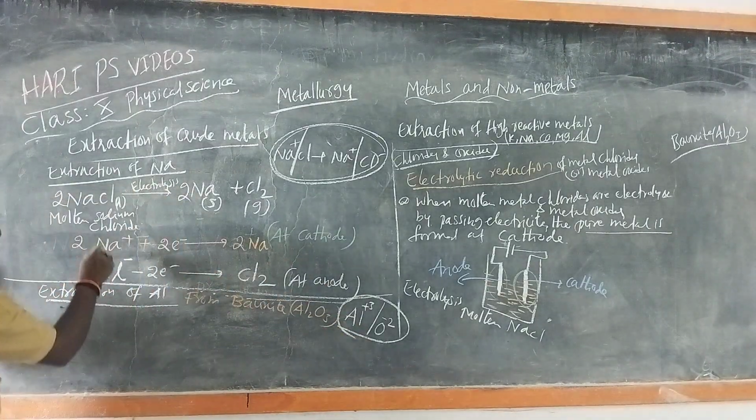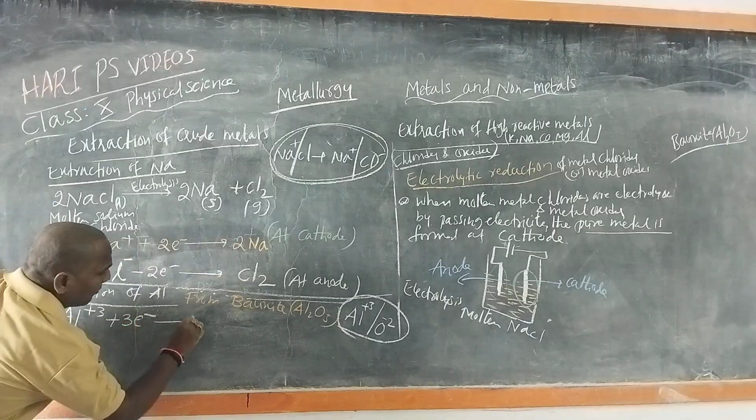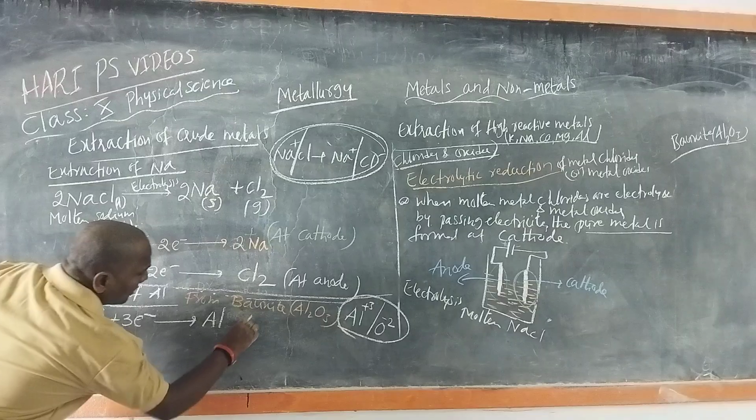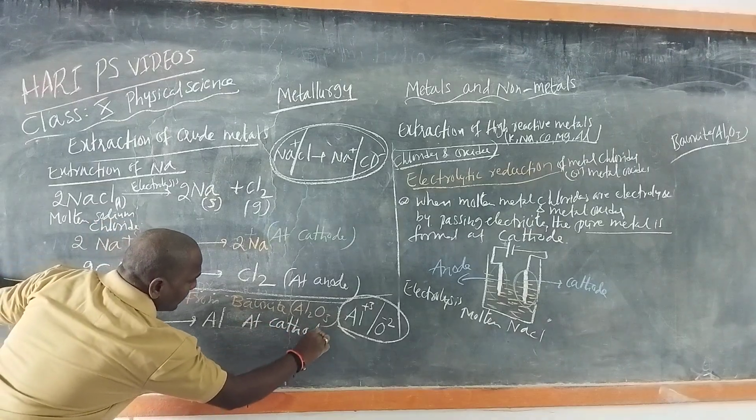Similarly, Al3+ gains 3 electrons from the cathode and forms aluminium. This reaction takes place at the cathode.